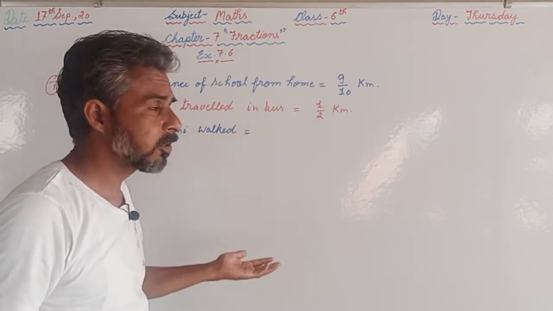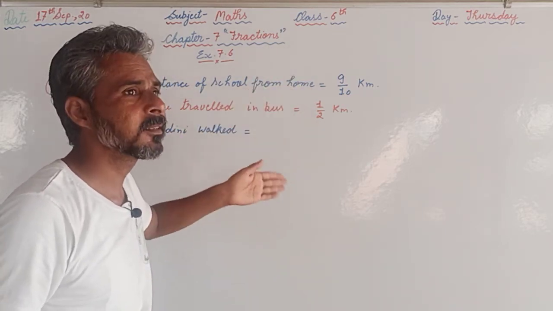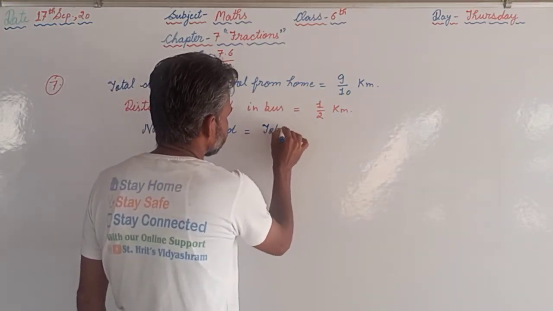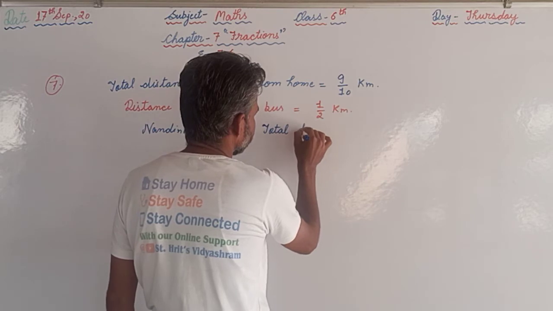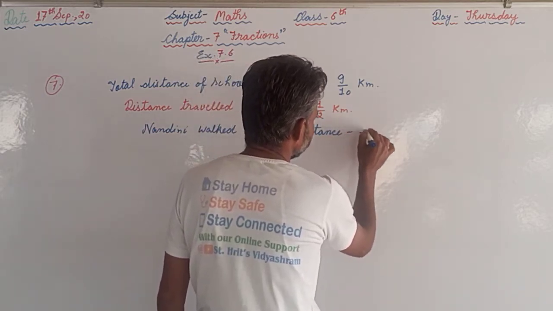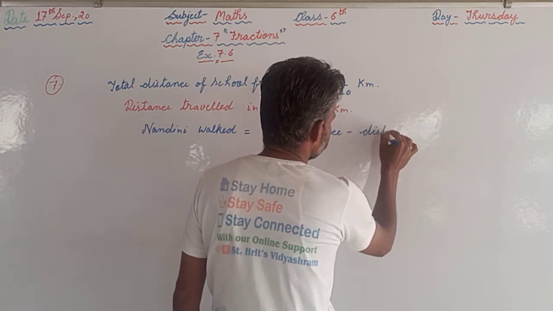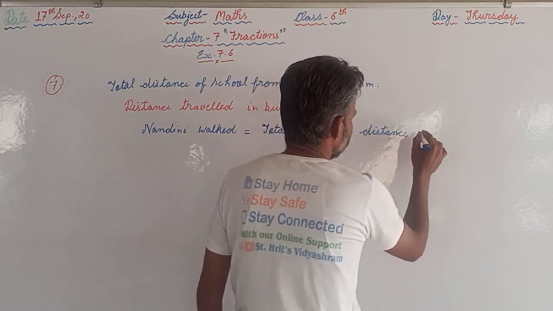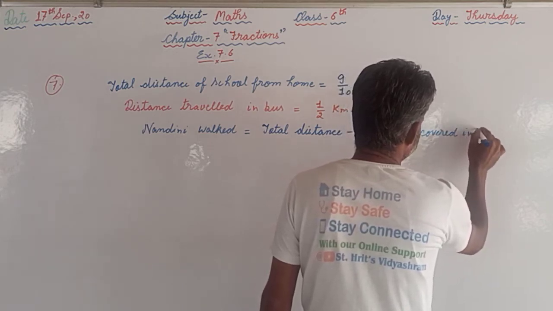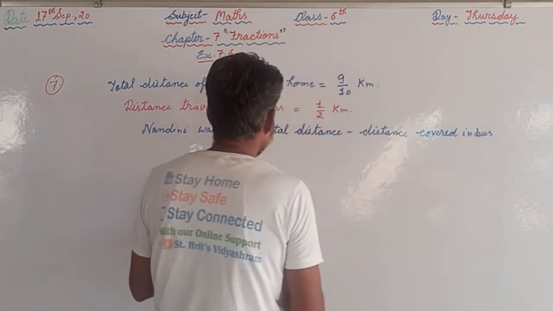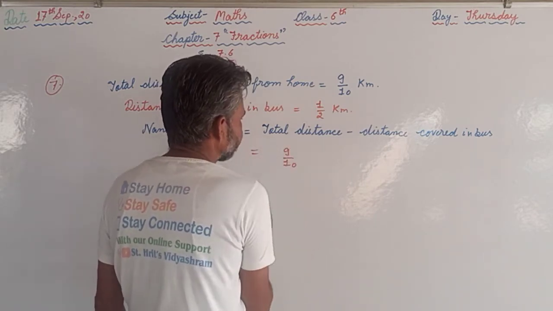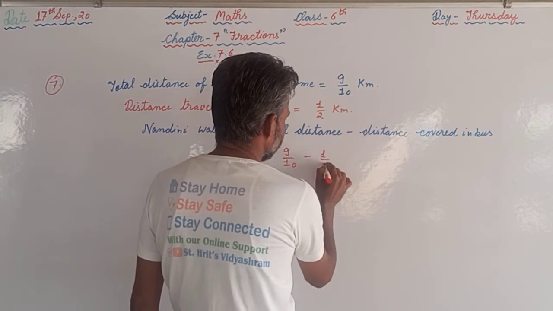So how much did she walk? The total distance minus distance covered in bus. The total distance is 9 upon 10 and the distance covered in bus is 1 upon 2.